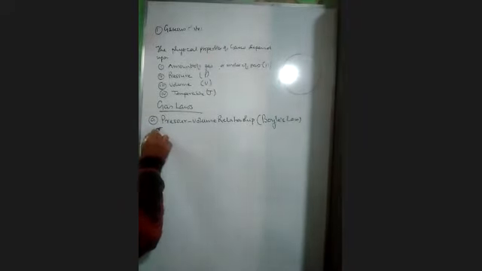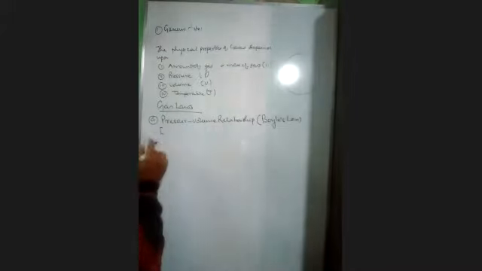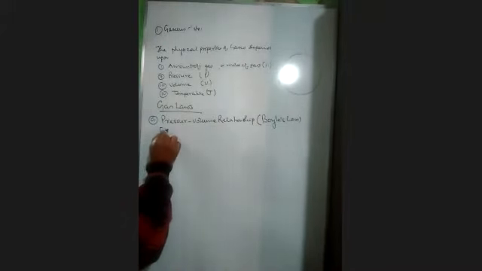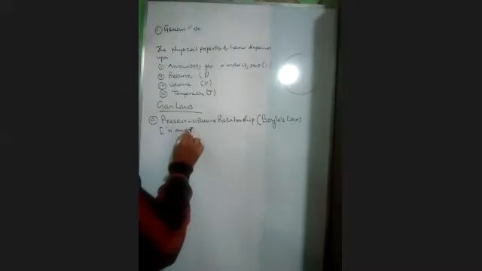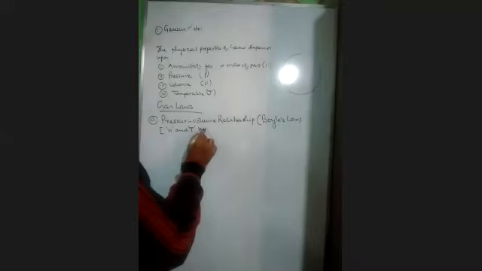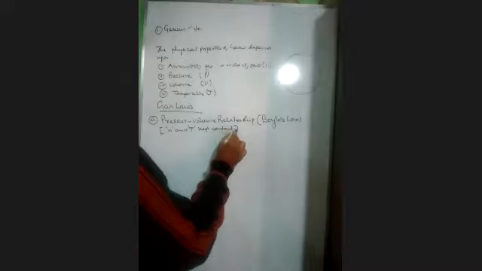Here we'll keep N and T constant. So we'll write N and T kept constant. What you will find in that case is that if you keep these constant and I increase the pressure, the volume decreases. That you have studied in school.